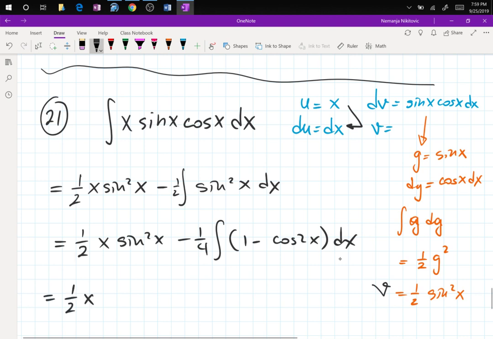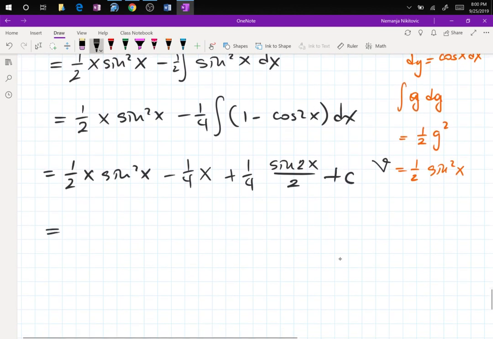And finally 1/2 x sine squared x minus 1/4 x plus 1/4 integral of cosine 2x, sine 2x over 2 plus c. And there is nothing we can pull out. We can pull out 1/2 everywhere, but we're still going to have halves and quarters left behind, so just leave it. 1/2 x sine squared x minus 1/4 x plus 1/8 sine 2x plus c.